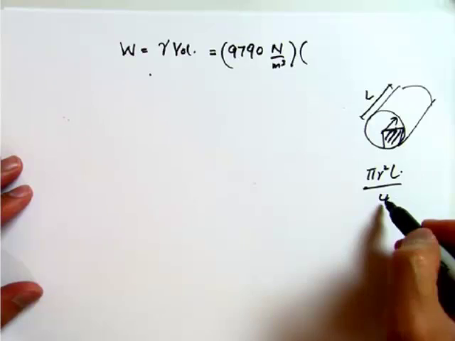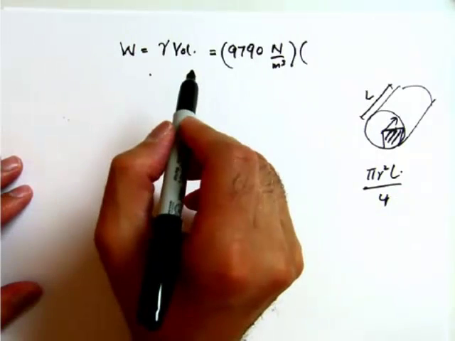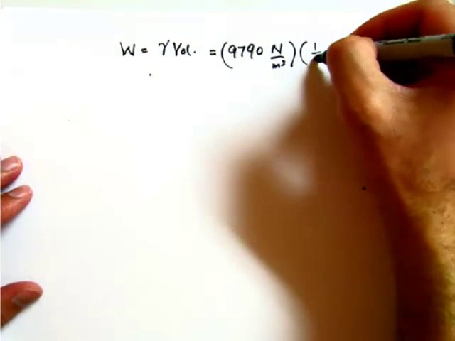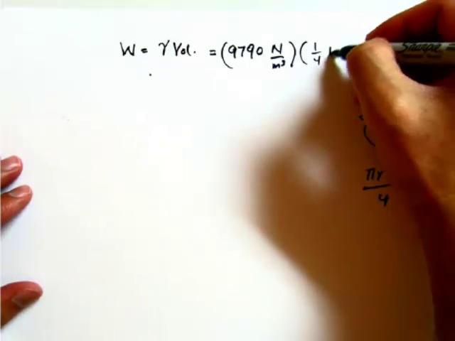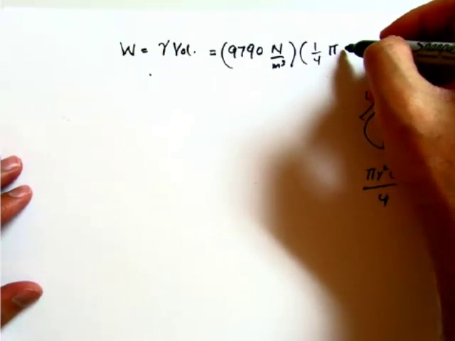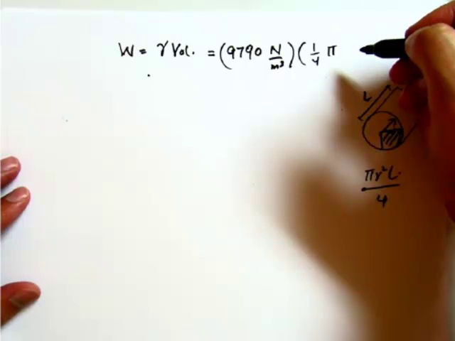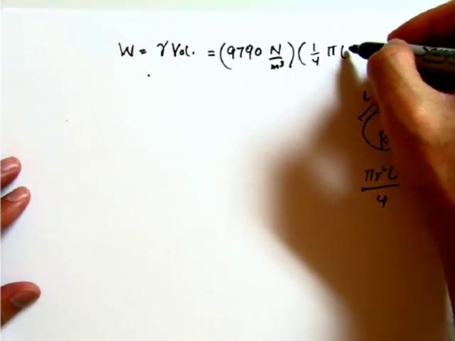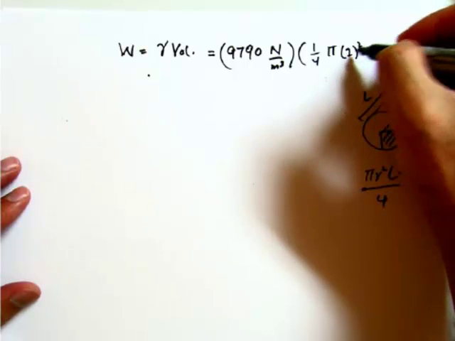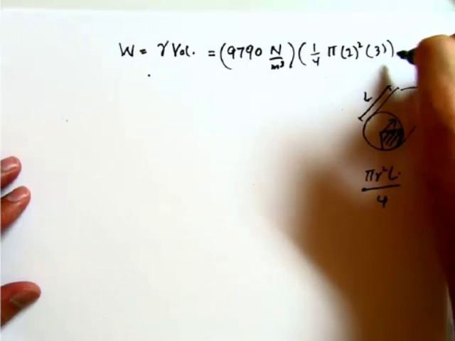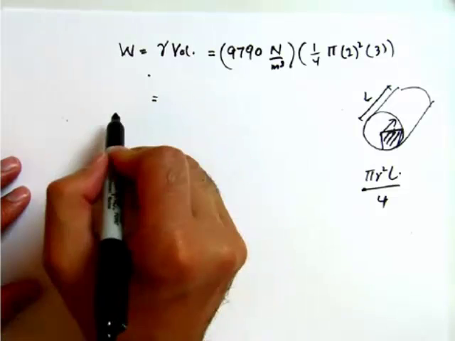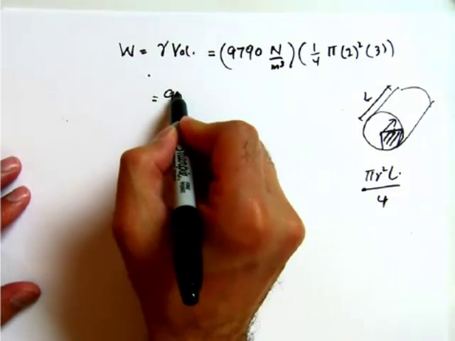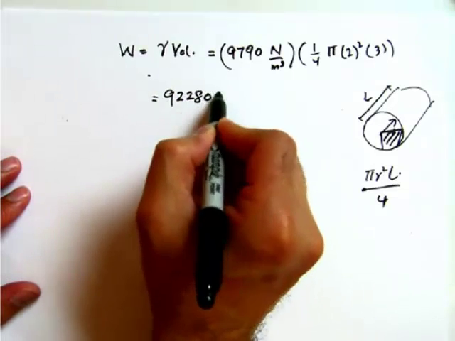So that will be 1 over 4 pi r square, where r is 2, square times 3, where 3 is the width. When I multiply all of this, it gives me a weight of 92280 newtons.